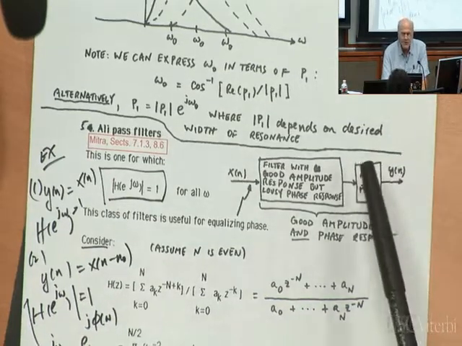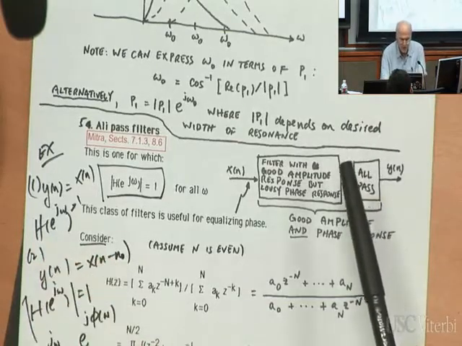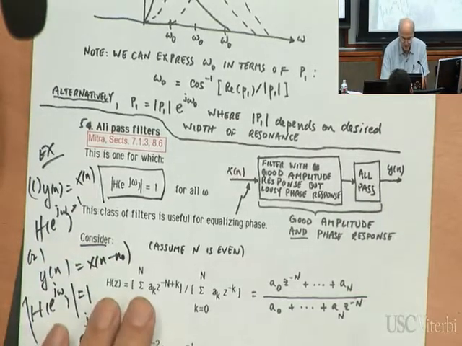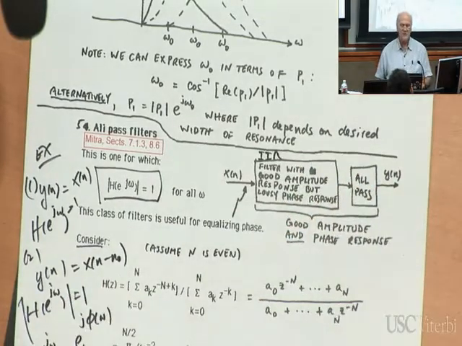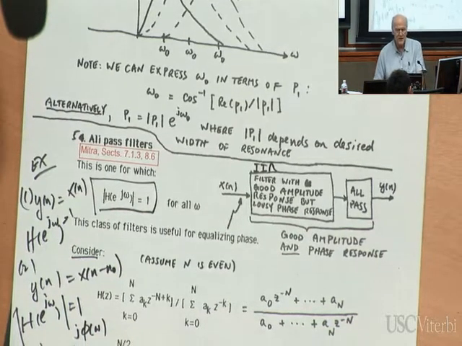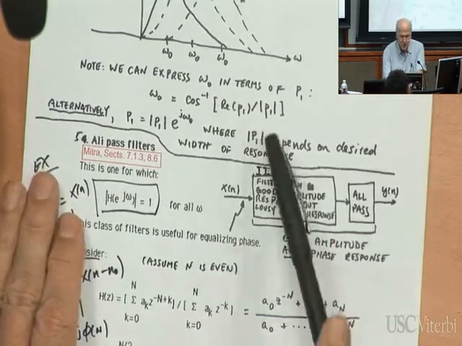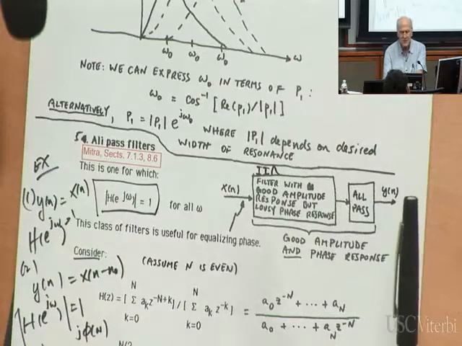Well, the way to do that is to use what we call the infinite impulse response filter, an IIR. And what is an infinite impulse response? It's just what we've been talking about. It's filters with poles and zeros, as opposed to a finite impulse response filter, which only has zeros in its Z transform. So, suppose you built a very high fidelity bandpass filter, okay?